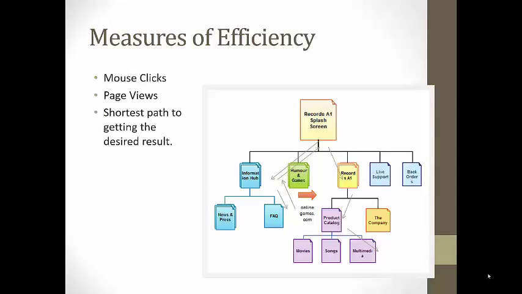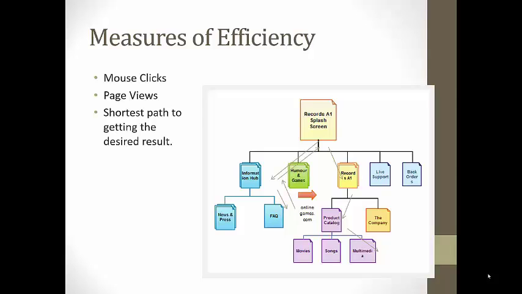So this picture is meant to show someone's path trying to find something. Perhaps they were asked to find a multimedia file for something, and they go to this record screen, and then they say, okay, I'm going to go to the information hub, and they navigate down.